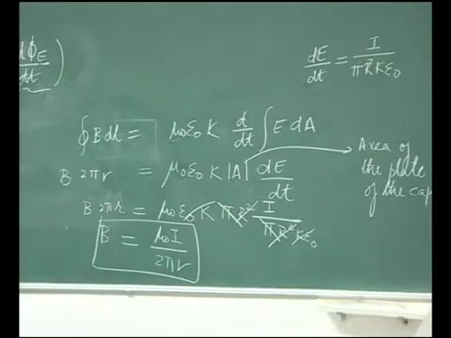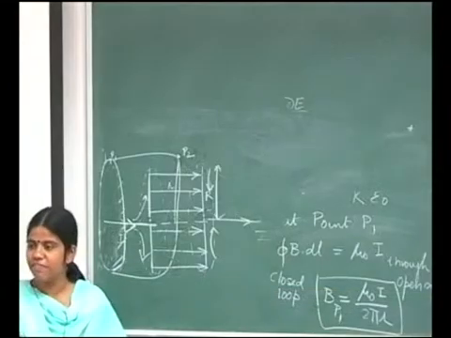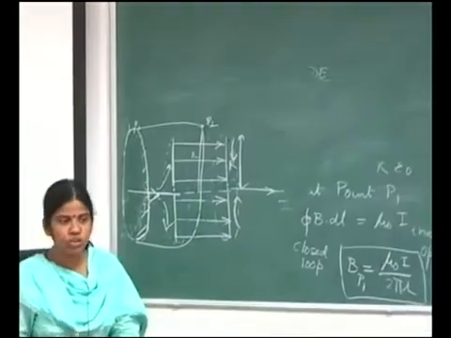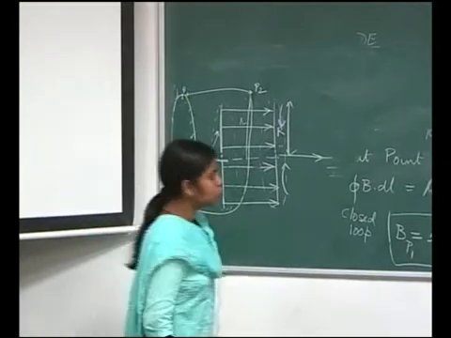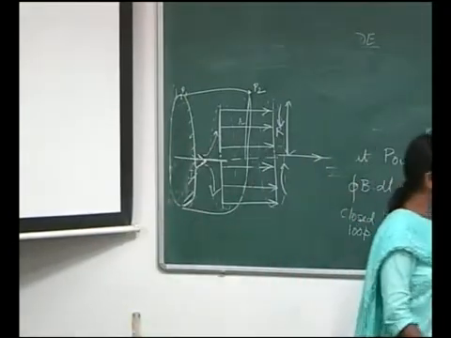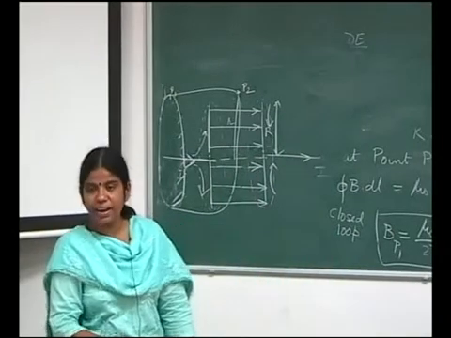So, what Maxwell predicted is actually true, isn't it? Maxwell said that at point P1 and P2, provided they are at the same distance, the value of magnetic field should be the same, and he proved that. Okay? So, it means now I have a tool to calculate the magnetic field at any given point inside a capacitor.